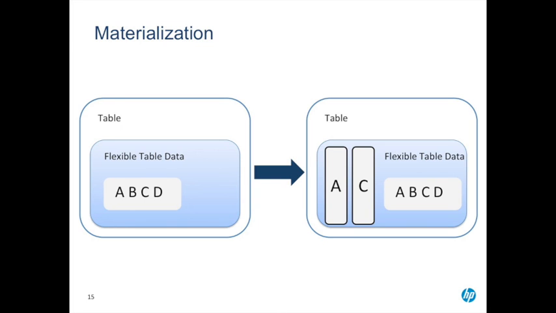So that's how we get performance, and you can have these hybrid columns in the same unstructured table, like Kate is mentioning. So again, to go back to this diagram, if you're defining those columns A and C, you still have B and D as part of the raw data column. So it still exists. It's just that now A and C are going to function more like real Vertica columns.